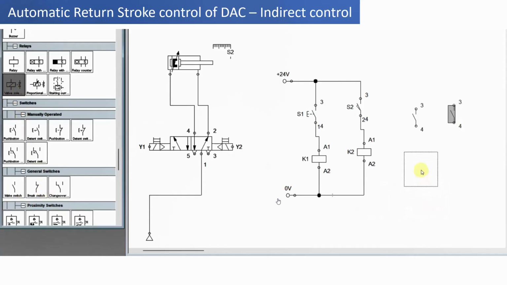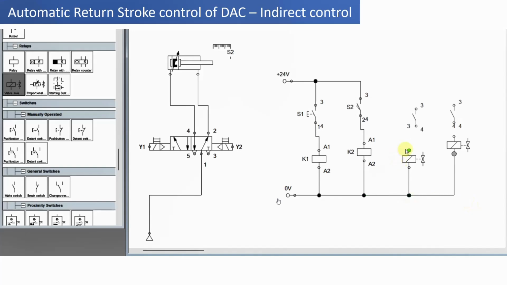Then select the solenoid valves for both the operations and then connect it to the circuit as shown over here. The connections are made to the switches and then to the power supply.